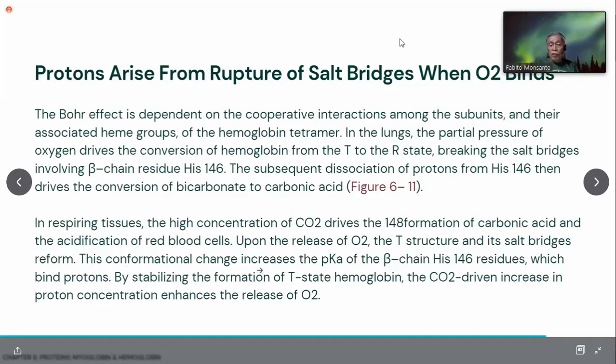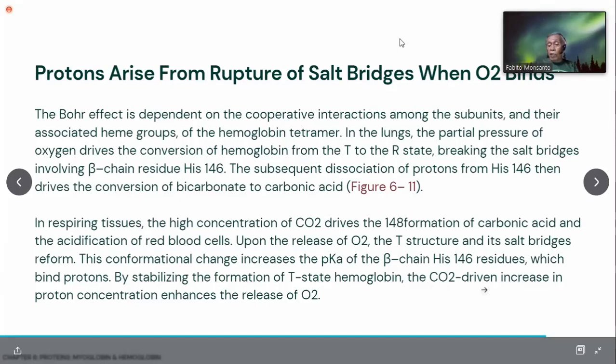This conformational change increases the pKa of the beta chain histidine 146 residues, which bind protons by stabilizing the formation of this state.